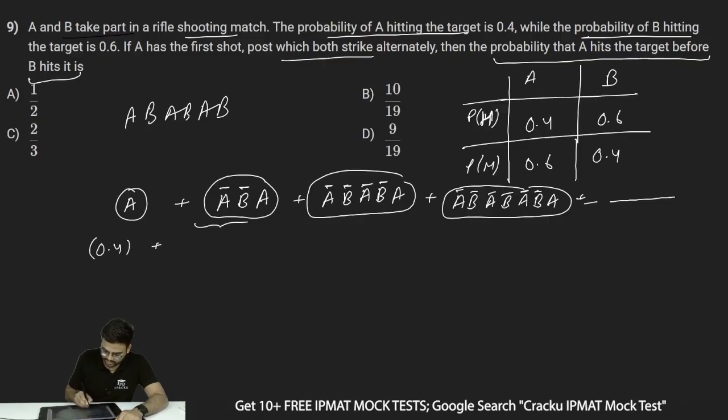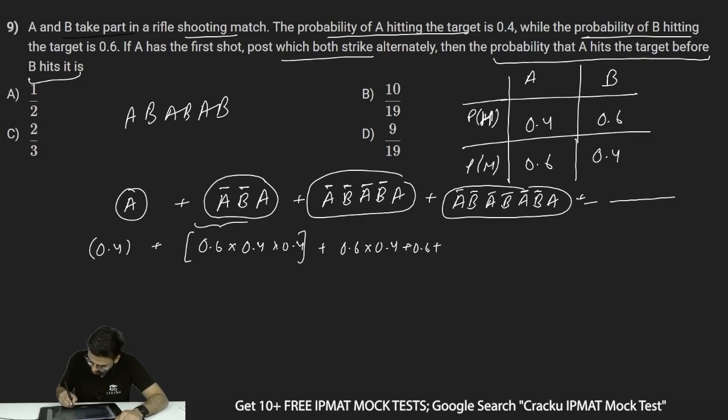So the probability of A hitting the target is 0.4. Probability of the second case, that A is missing, B is missing, and A is hitting: A missing is 0.6 into B missing is 0.4, and then A hitting is 0.4. For the third case, A missing is 0.6, B missing 0.4, again A missing 0.6, again B missing 0.4, and finally A hitting is 0.4.